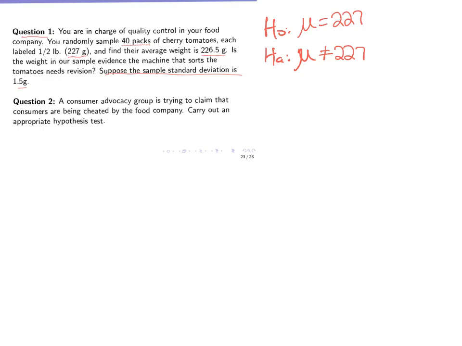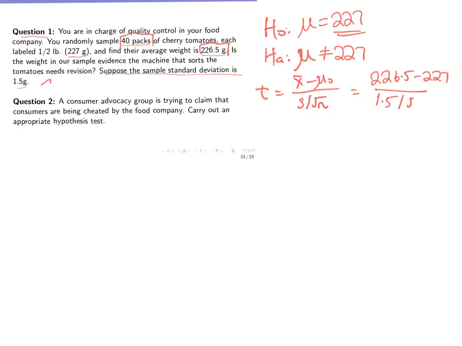And then the next thing we have to do is calculate the test statistic. So this is a t statistic: sample mean minus the null value divided by sample standard deviation over the square root of n. All this information we have: sample mean 226.5, mu naught is 227, and we are given that the sample standard deviation is 1.5, sample size 40, so divide by square root of 40.